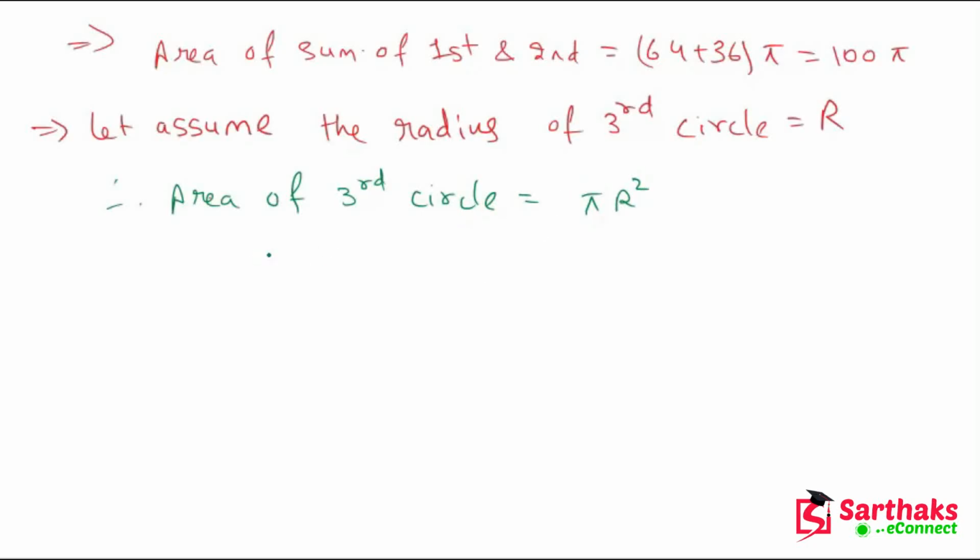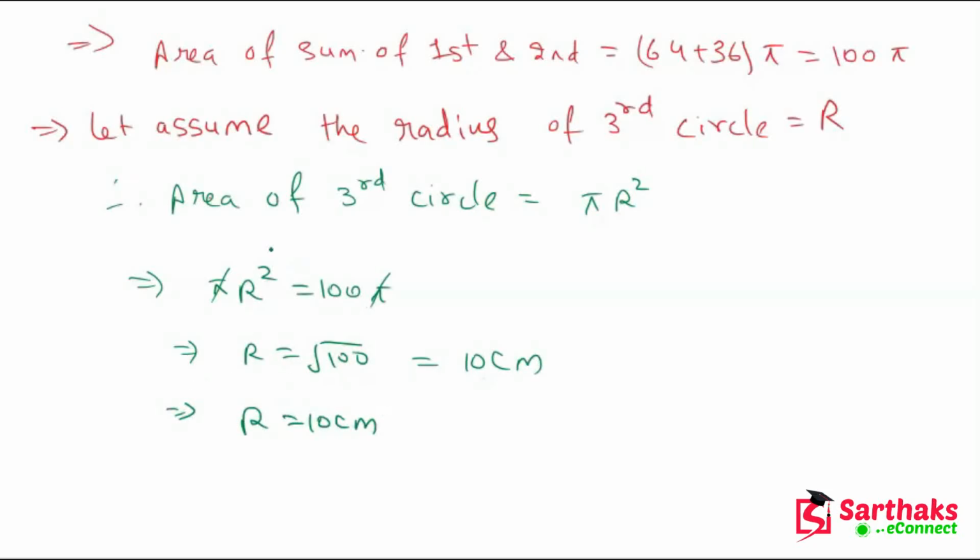Okay, and it is given that the area of the third circle is equal to the area of the first circle plus the area of the second circle. So we can write pi r square is equal to 100 pi, and this pi will be cancelled. We get r is equal to under root 100. So this will give 10 centimeter. So we have r is equal to 10 centimeter.